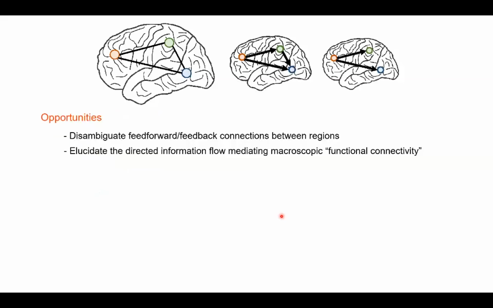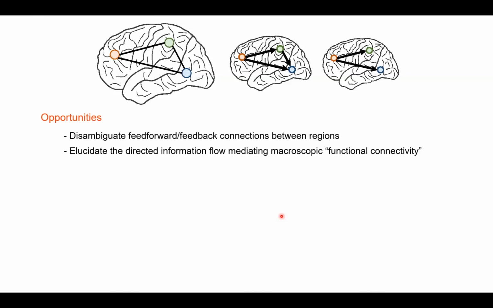So essentially, these layer profiles provide a potential opportunity for us to disentangle all these feed-forward and feedback connections among regions, and also potentially elucidate the directed information flow that can mediate macroscopic functional connectivity.